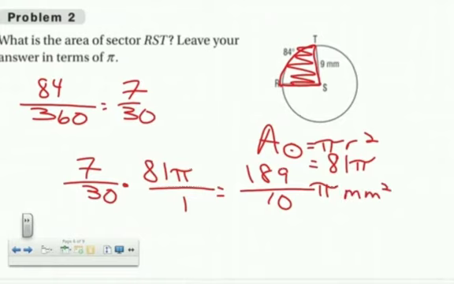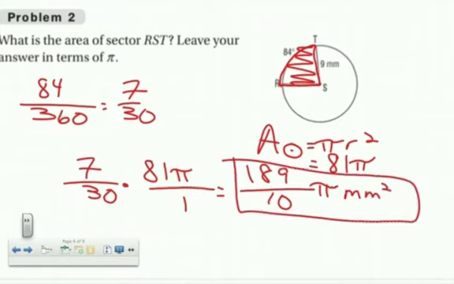Square millimeters. You divide by 3. In your scientific calculator, I reduced the 7/30ths back here, remember. You've got the 7 over 30. Take 7/30ths in your calculator and multiply it by 81.